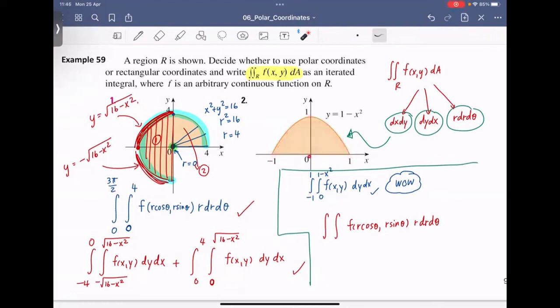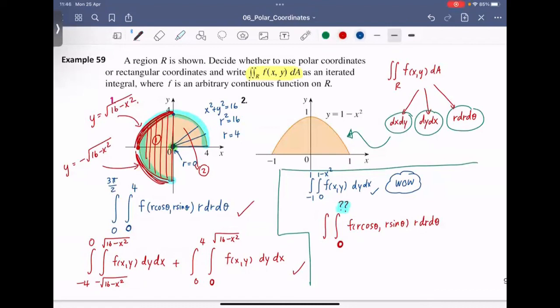So you start from the pole again. Every time you start from the pole, you draw a radius ray, and then it hits this curve, which is the equation of the parabola. So you start from the pole, r equals 0, and then you hit the parabola, which is the question mark that I highlighted in light blue here.